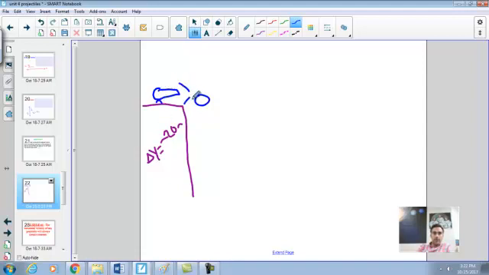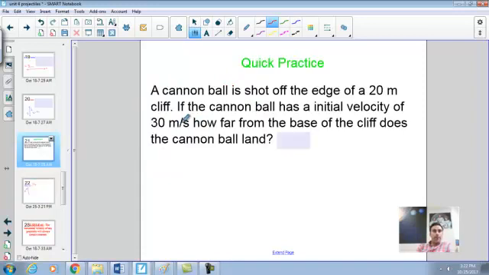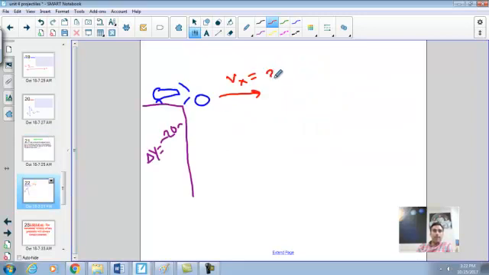Some whoosh marks because it's shooting outwards, with a horizontal velocity of 30 meters per second. So this is just affecting the horizontal. It's not saying anything about vertical. 30 meters per second because it's shooting straight outwards.